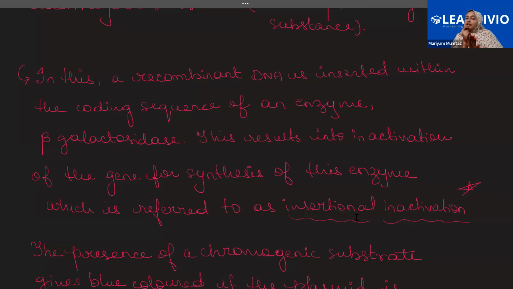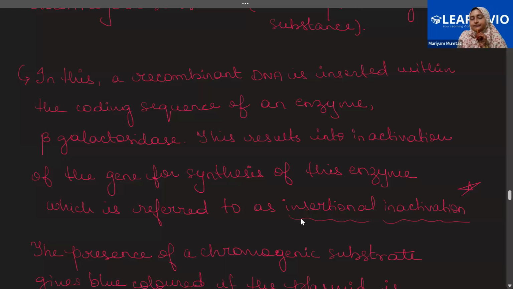Now, what will happen if the enzyme gets coded? It will show the color, it will produce the color. But if the enzyme does not get coded, then it will not show the color, and that is what insertional inactivation is. Is it clear to you all?